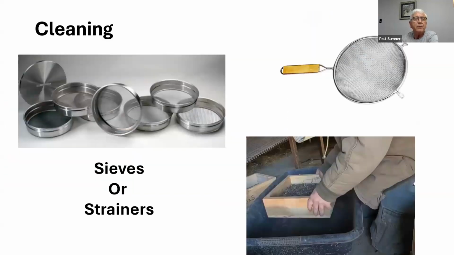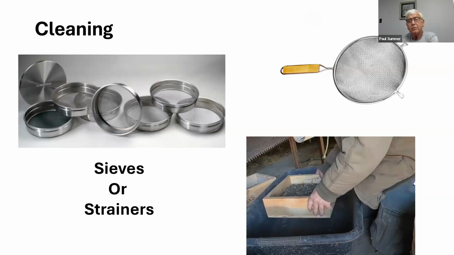We can buy sieves online. I have a set of four. If you're going to buy some, I would get either four or five. That guy down here in the right corner has some.